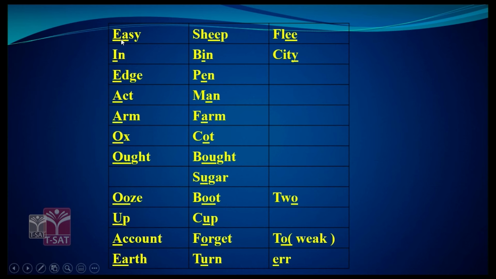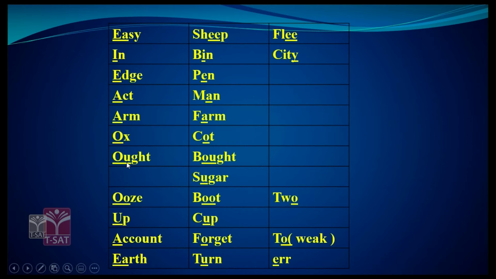E as in easy, sheep, flea. I as in bin, city. E as in edge, pen. A as in act, man. A as in arm, farm. O as in ox, caught.